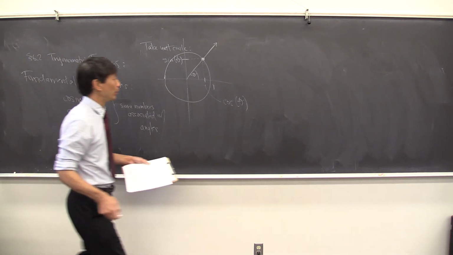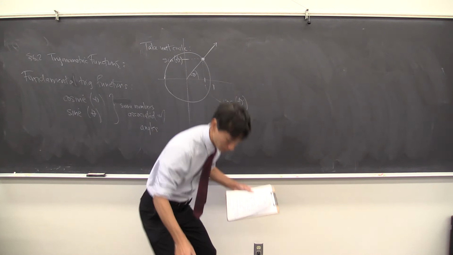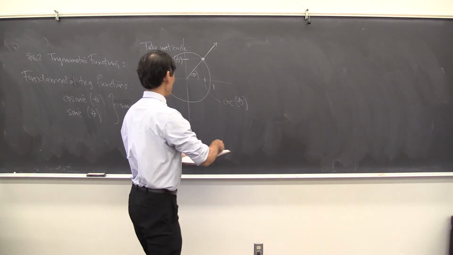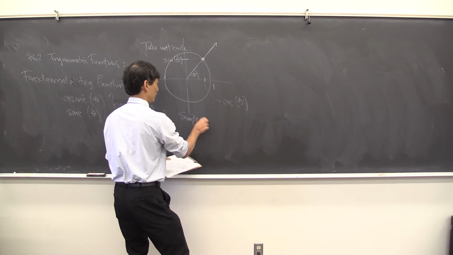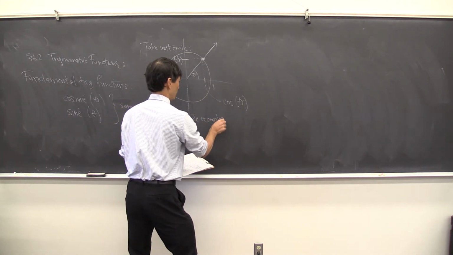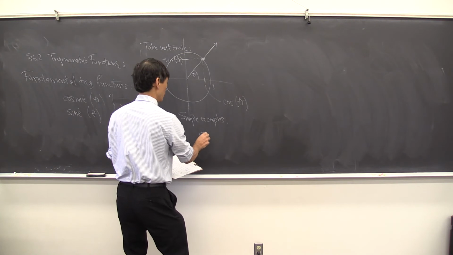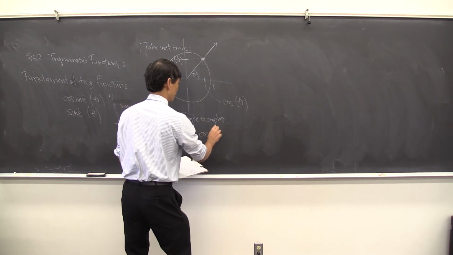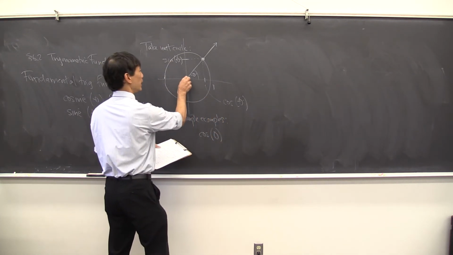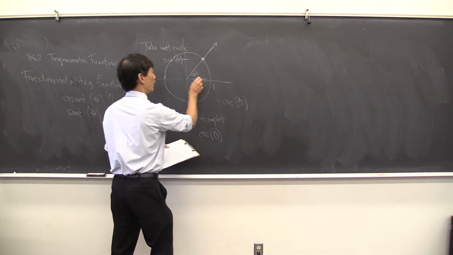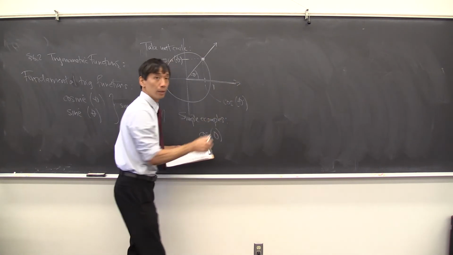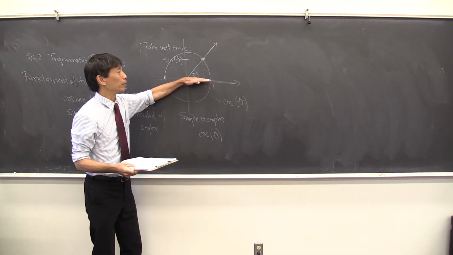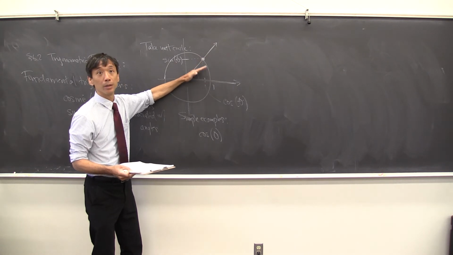So for example, some simple ones first. If I ask you the cosine of 0. I should say that we're always going to start with this as our 0 line. And then angles are measured going in this direction positively.